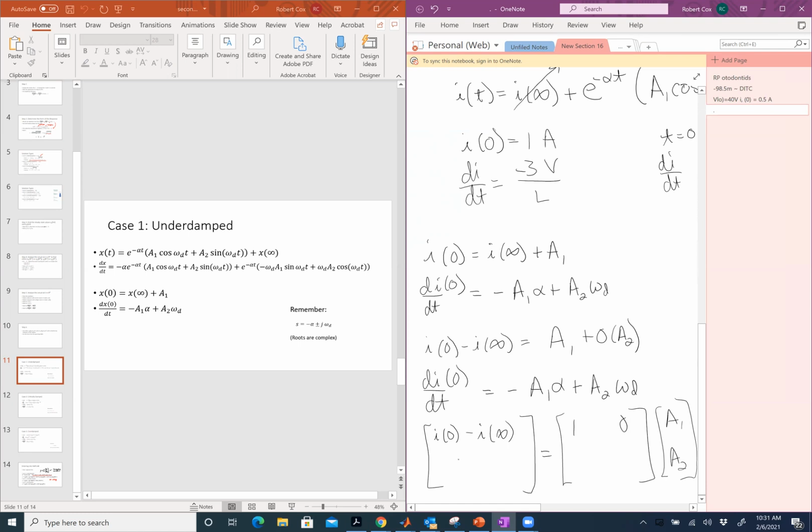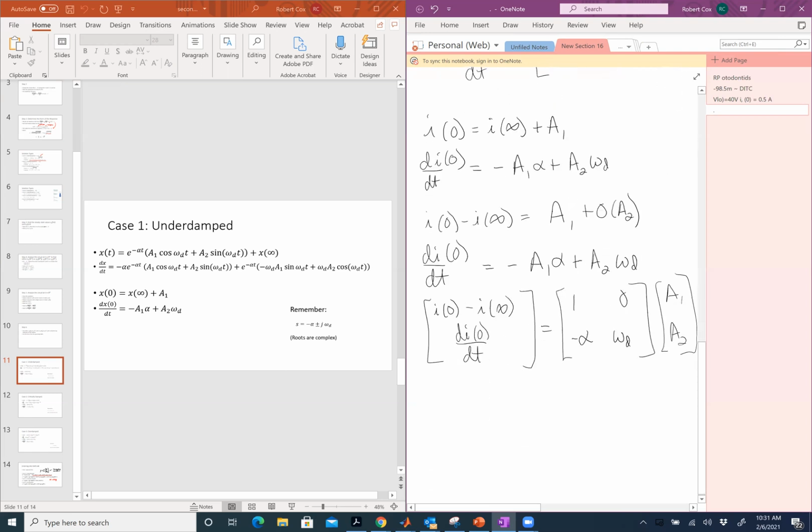And the second line there becomes di 0 by dt, and that's equal to minus alpha and omega d, right? So if I multiply this out, negative alpha a1 plus omega d times a2, and then I can solve for that.